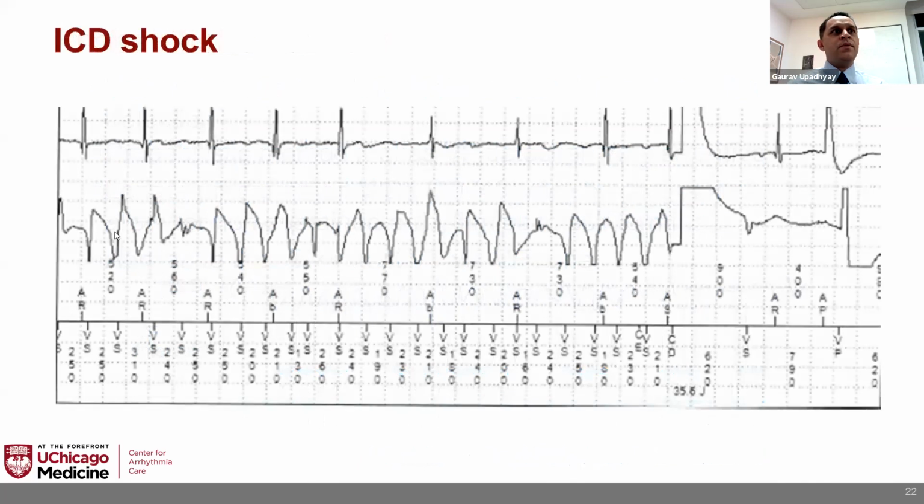Here's an example of a patient with an irregular tachycardia that is fast on the ventricular channel, and the device is counting VSs. Once it satisfies the criteria, a charge is delivered, and there's a shock and then return of rhythm.